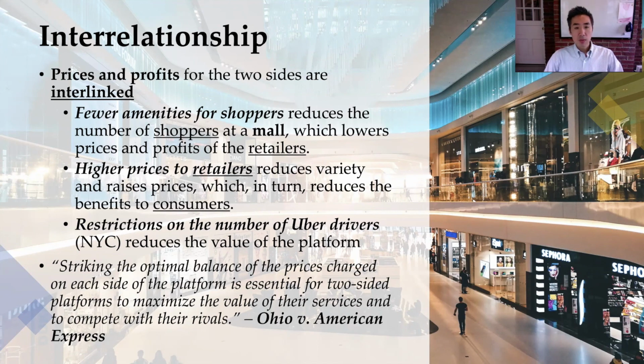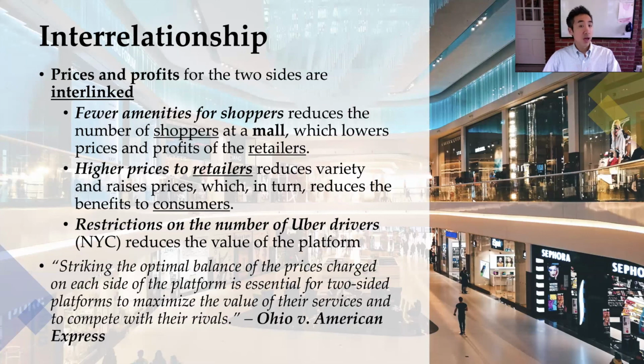So this is from the Supreme Court in Ohio versus American Express. Striking the optimal balance of the prices charged on each side of the platform is essential for two-sided platforms to maximize the value of their services and to compete with their rivals. So what makes this different from breakfast cereals? The point being is that we have to understand this interdependency, and where the pricing on one side will affect the pricing or participation on the other side.